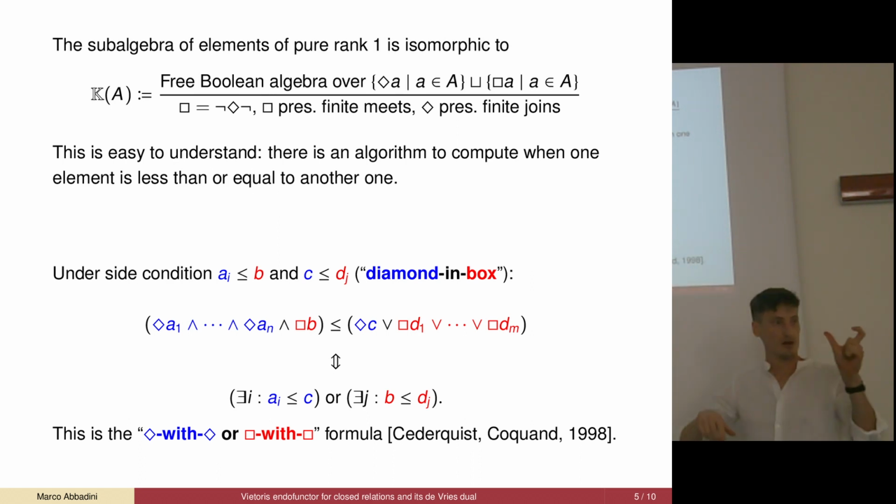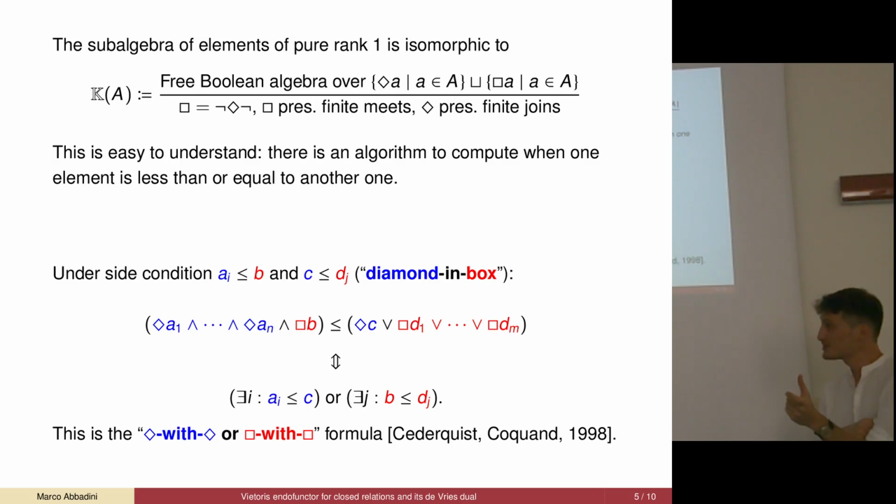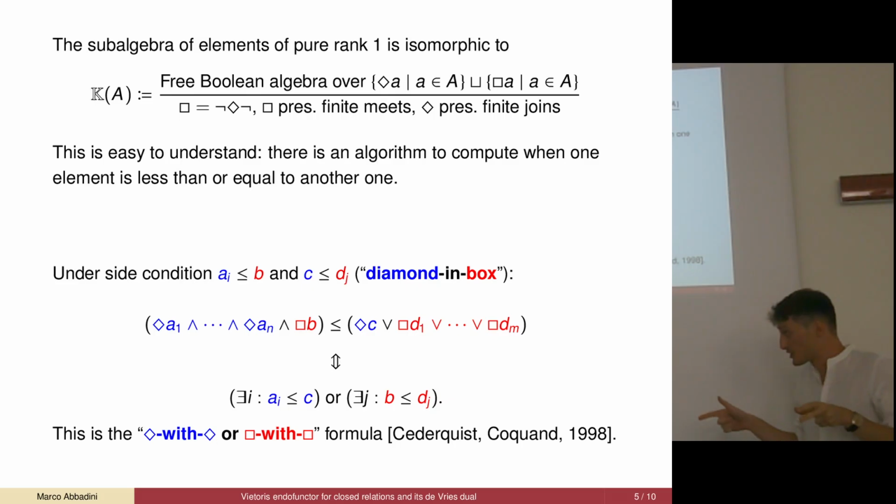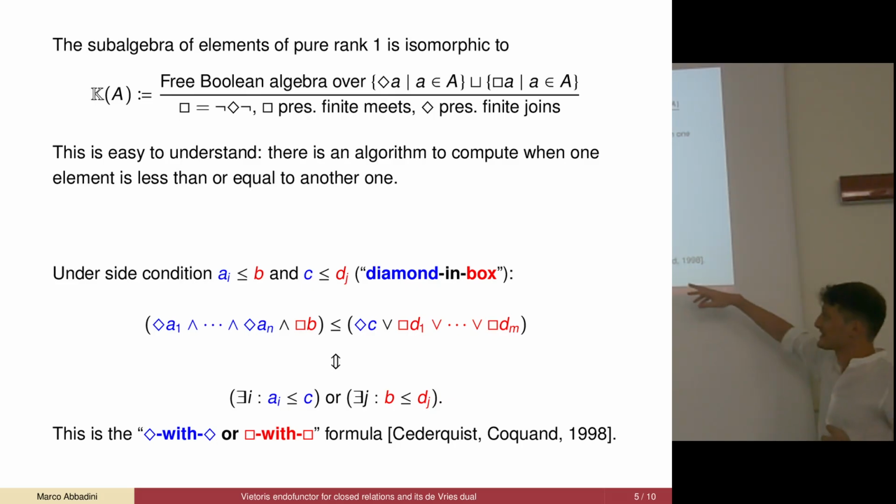So on the one hand side, you have a meet of diamonds and a box, and on the right hand side, you have a join of boxes and a diamond. Moreover, with simple manipulation, you can force this side condition to hold, which is essential.